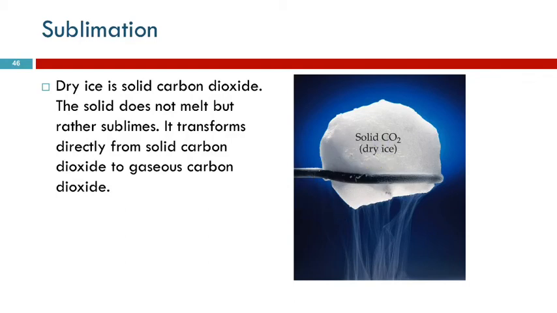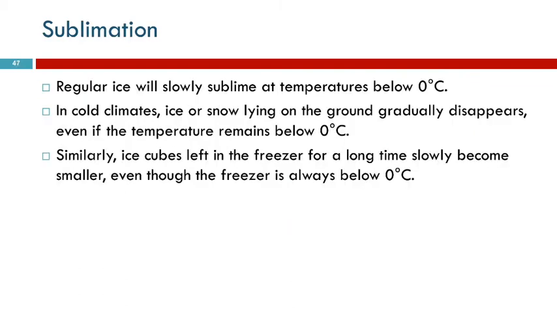This is a weird phenomenon. There are very few things that we commonly encounter that do this significantly, but dry ice does. Regular ice will also sublime, but it does so much more slowly. And of course, the temperature has to be below 0 degrees Celsius. In cold climates, like Minnesota, where I spent much of my life, in the winter it is cold.